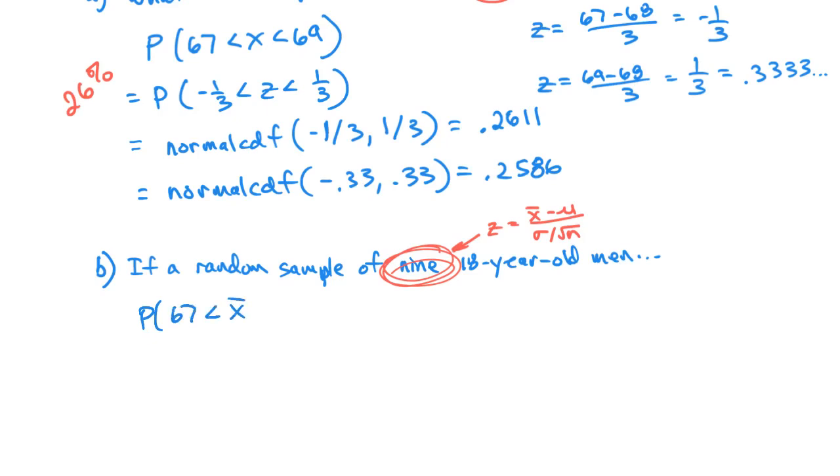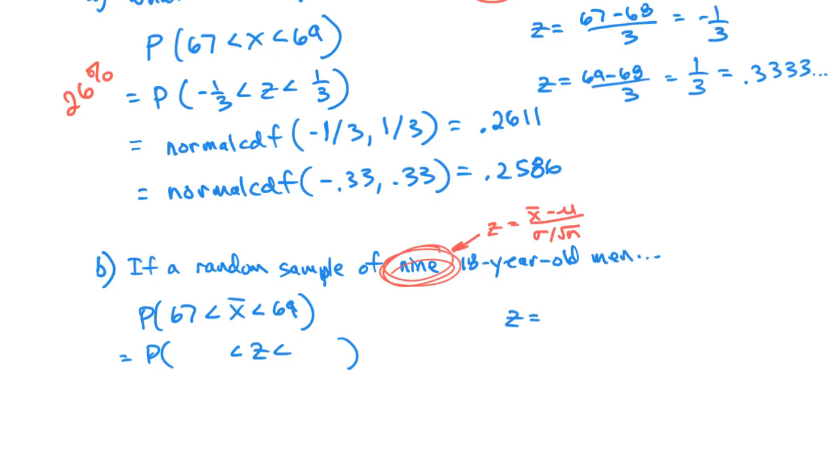This time it's x bar, right? The mean of 9. But it's the same sort of question. So we rewrite it as a z-score. So I'm going to rewrite this. We want z-scores here. And we need our new formula.